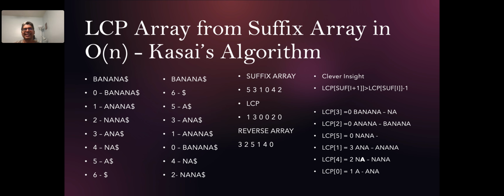So in this case, it's Kasai's algorithm. The clever trick allows us to traverse everything only once by going back just one at each step. Well, this ends the LCP array and how we compute it in linear time.